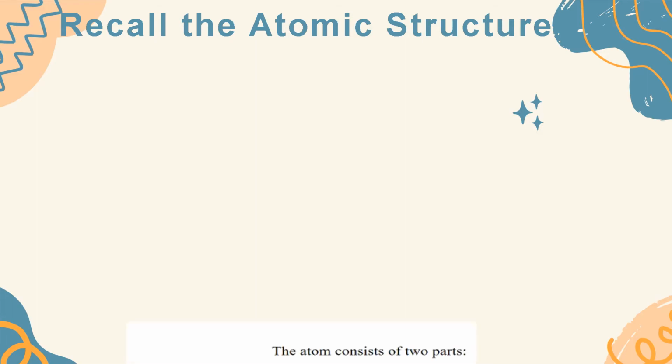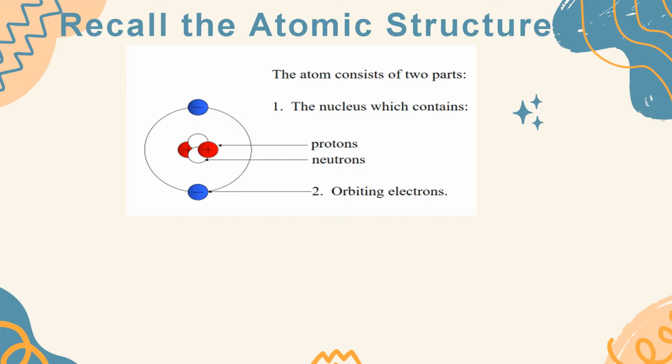So the atomic structure, you have been oriented that the atom consists of three subatomic particles. We have the electrons, which are negatively charged, the protons, which are positively charged, and the neutrons, which are neutral. There is no charge in that.